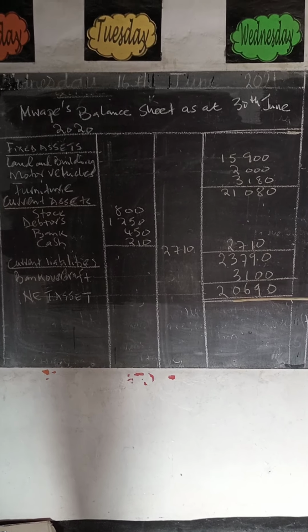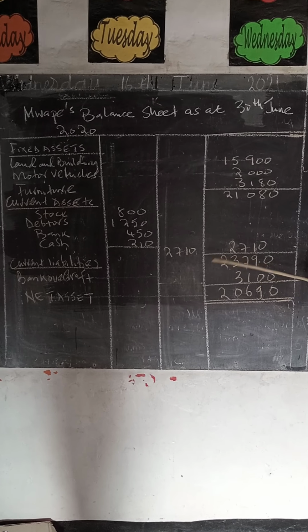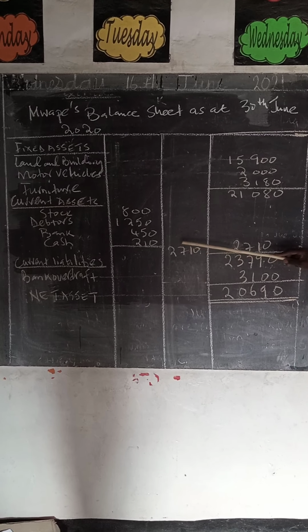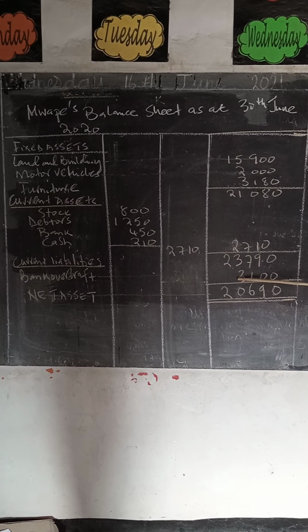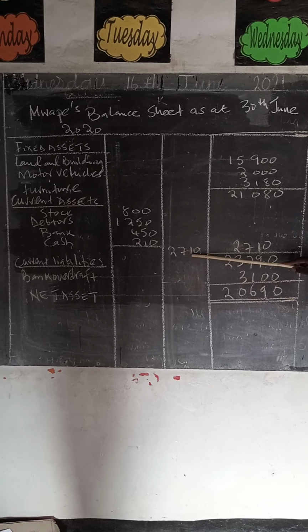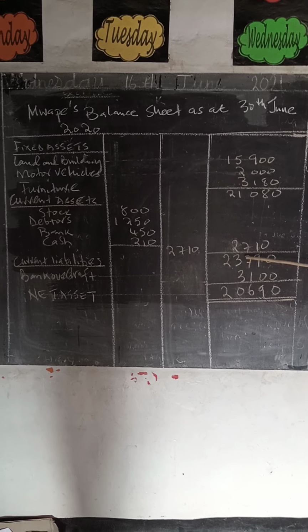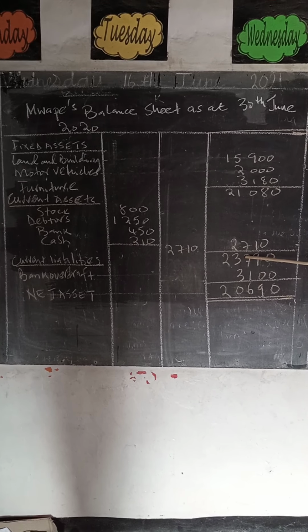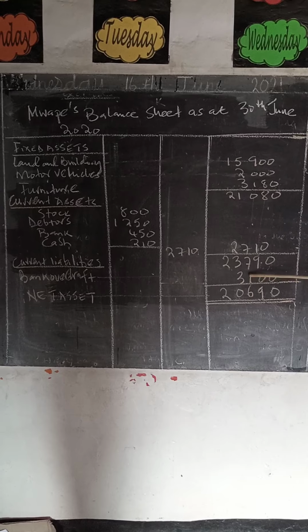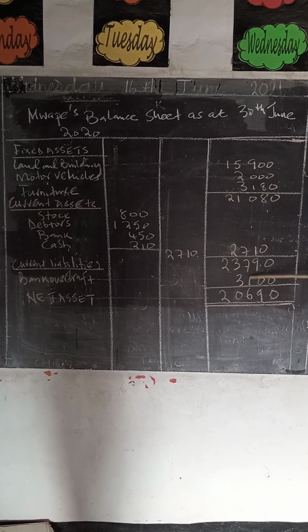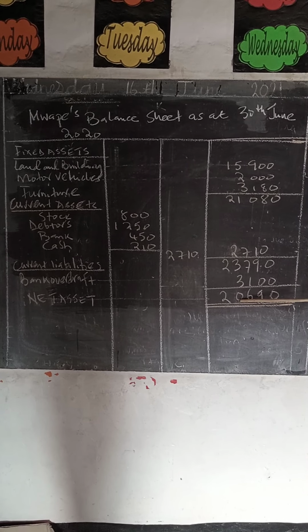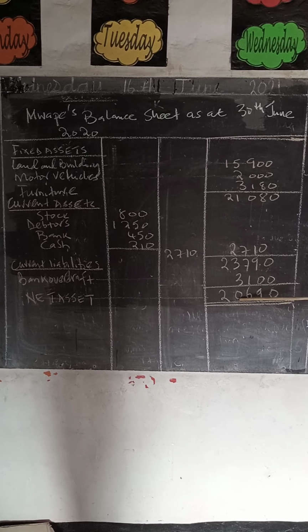So here I'll go again through that. I said since the current assets are less than current liabilities, you add the current assets to the fixed assets to have your total assets. From the total assets, you subtract the current liabilities, thereby getting our net asset or total asset.